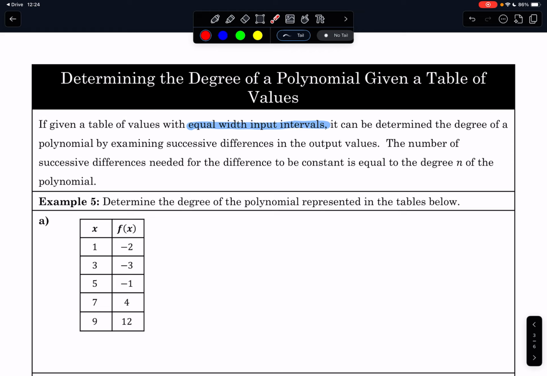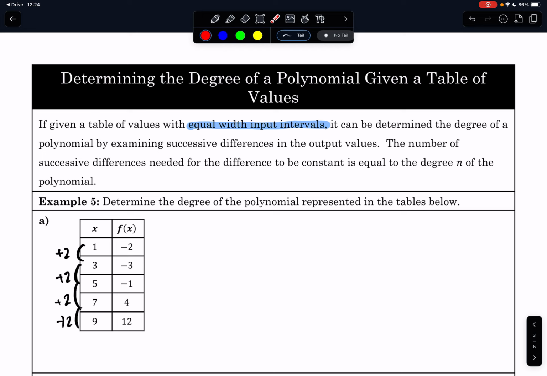So what this basically says is that as long as these are consistent, they're increasing or decreasing by the same number, which this example is. This one is increasing by 2. My input value is increasing by the same number, by 2. I can figure out the degree of this polynomial by determining how many times it takes for this difference right here to be the same.